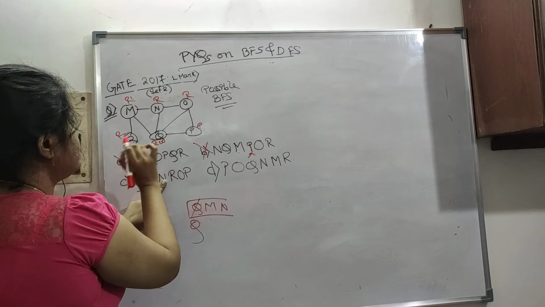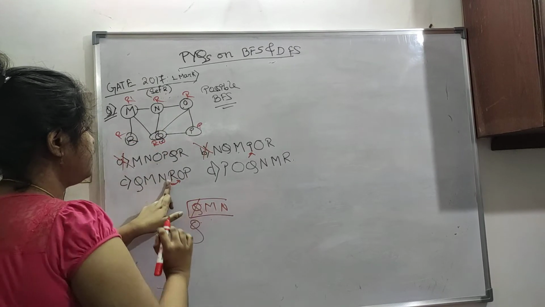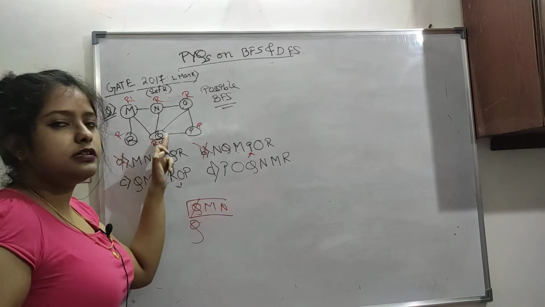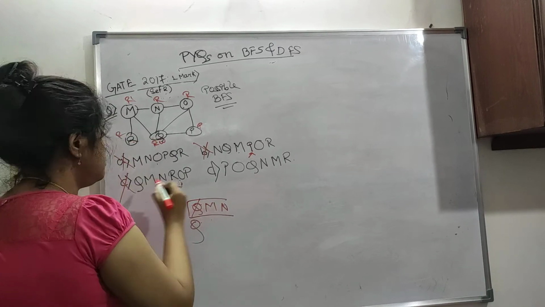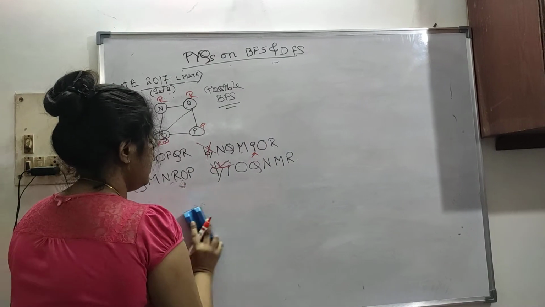R is not adjacent. It would have been possible if it were like this, but R is not adjacent to Q because there are no direct edges between R and Q. So this is false. Obviously this is correct, but let's see the option here.